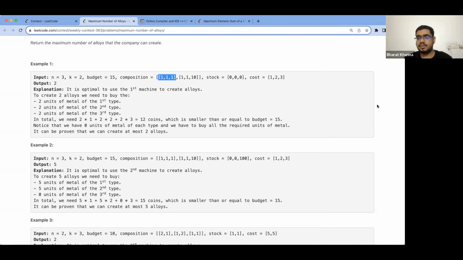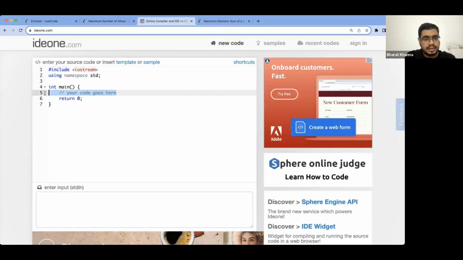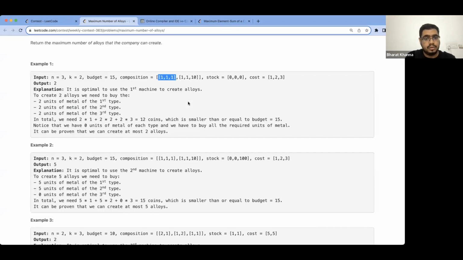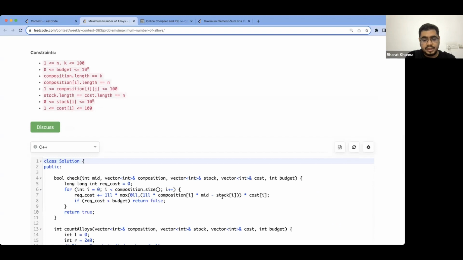Does this idea make sense? है ना? That okay, we can try and see how many alloys we can make with each machine, and then take the max, right? So if I have to write it like this, so let's say this is our function. So function का मैं signature उठा लेता हूँ just.